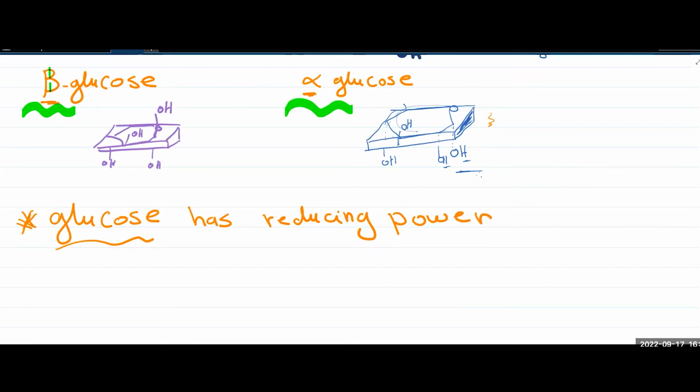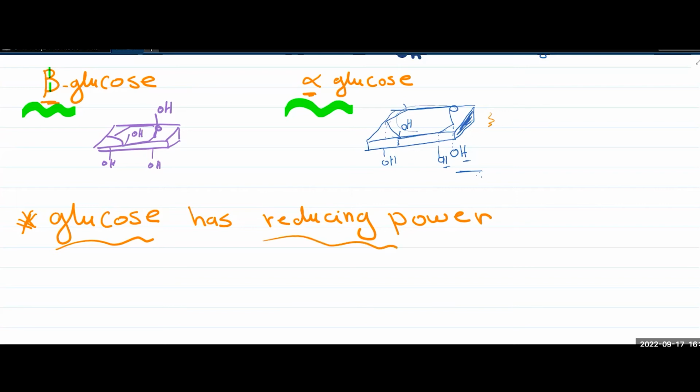What does reducing power mean? It can lose electrons to reduce other structures. And there is one test we used to do for the reducing sugar when we were in the IGCSE. Do you remember what is the test of glucose as a reducing sugar?